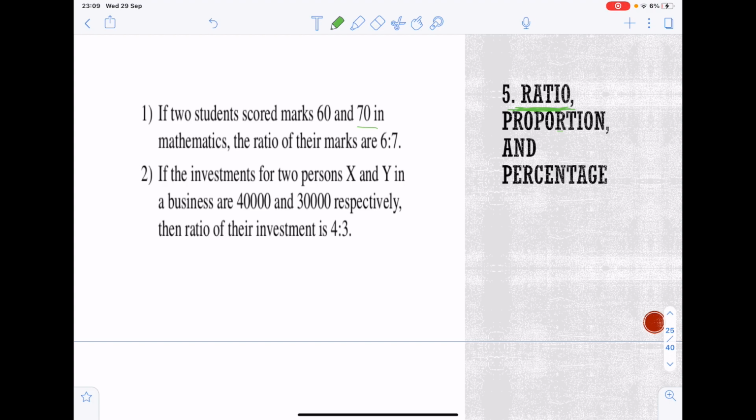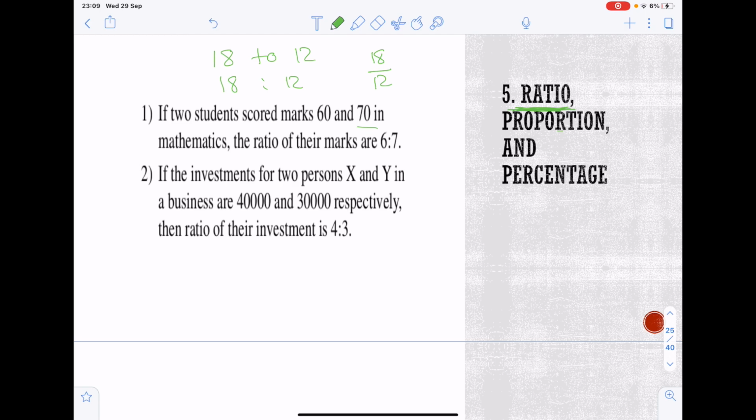And we can represent it in 3 different ways. The first way is to write 18 to 12. The second way is to write 18, then colon, 12. Then the third way is to write 18 over 12.